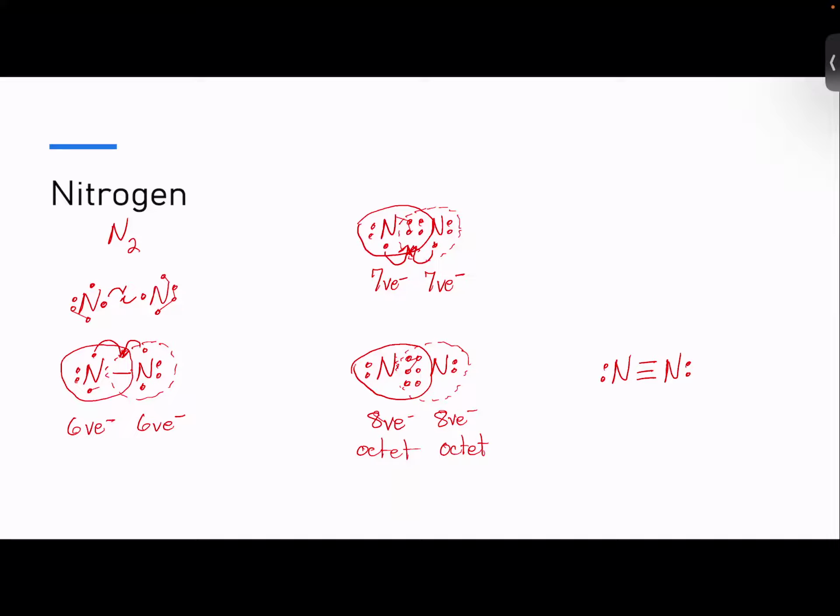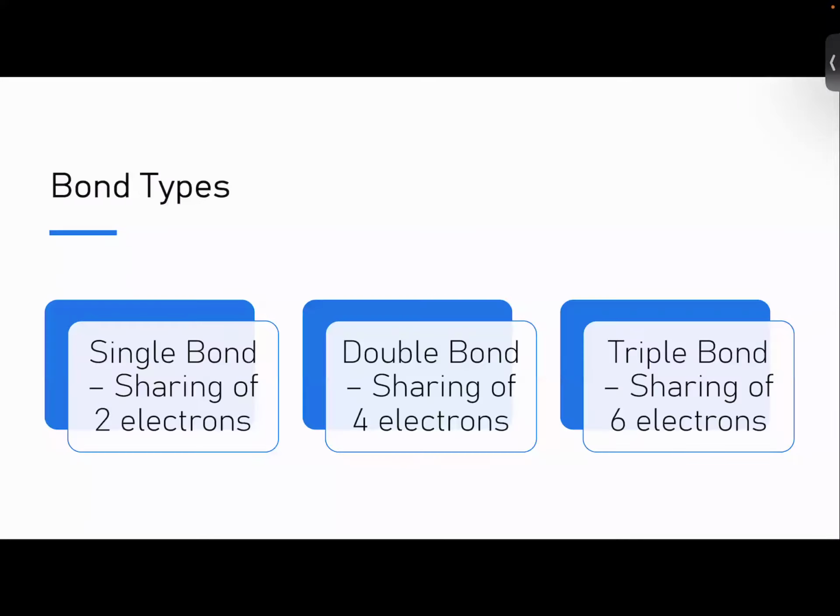Now, I want to bring up a couple of pieces of information. First of all, I want to bring up these bond types. We had a single bond, which was represented with a single line. It occurs through the sharing of 2 electrons. Our hydrogen was an example. We have a double bond, which is going to be represented with 2 lines.